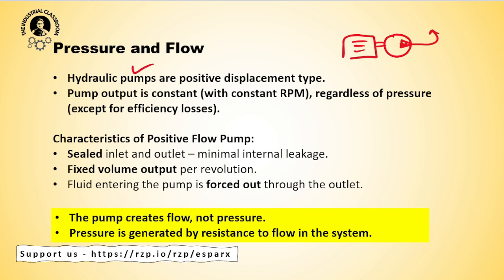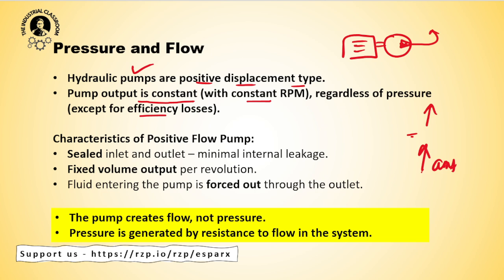Hydraulic pumps are positive displacement type. A positive displacement pump means the pump output is constant with constant RPM regardless of pressure. So when we consider a positive displacement pump, we consider that the amount of hydraulic fluid at the inlet is equal to the amount of hydraulic fluid at the outlet.